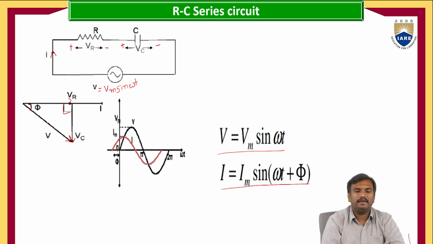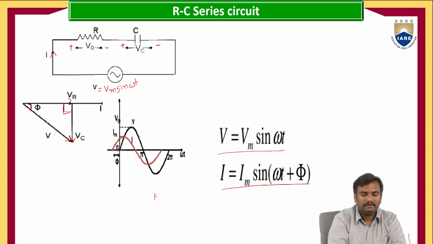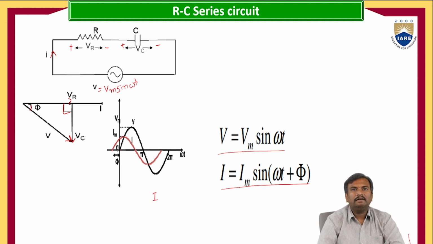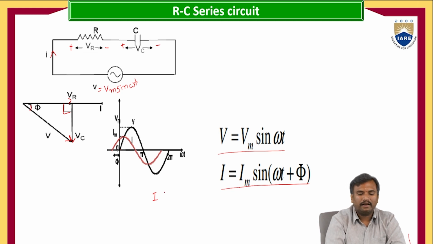That's why I is called leading. So we can say that in the RC series circuit, current is leading the voltage V by an angle of phi.